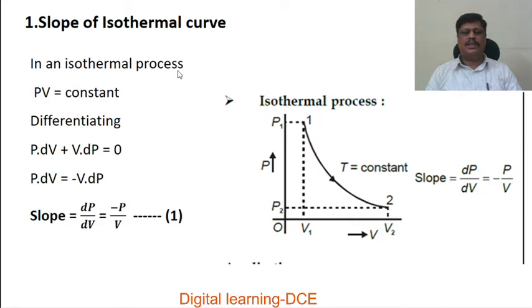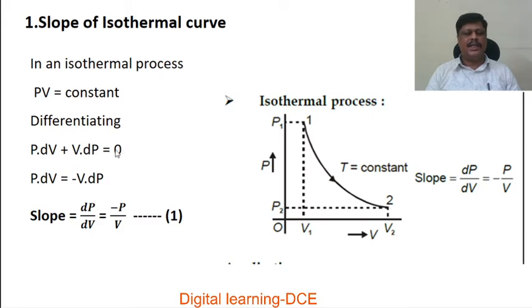We know that for an isothermal process, the equation can be written as PV is equal to constant. Differentiating this equation, we get P dV plus V dP is equal to 0, because differentiation of a constant is 0.